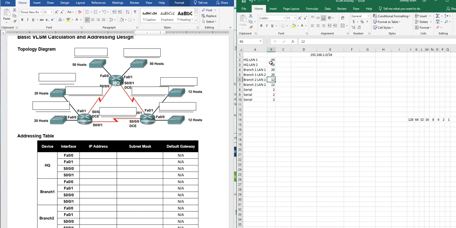Well, if you write each network from the largest to the smallest, it will show you how many networks you need. It automatically accommodates the correct number of networks. So 1, 2, 3, 4, 5, 6, 7, 8, 9 total subnets.